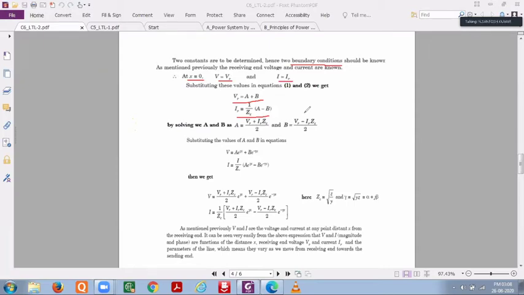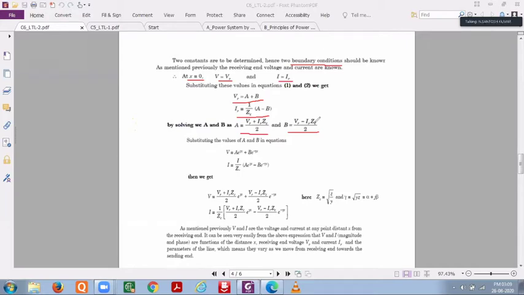Next, what am I supposed to do? I need to solve these equations for VR and IR, right? So when I solve these two equations, I'll get A equal to 1 by 2 (VR plus IR into ZC), B equal to 1 by 2 (VR minus IR into ZC). This equation is very simple to remember, it seems. Just see here, VR and IR, A plus B and A minus B, right?